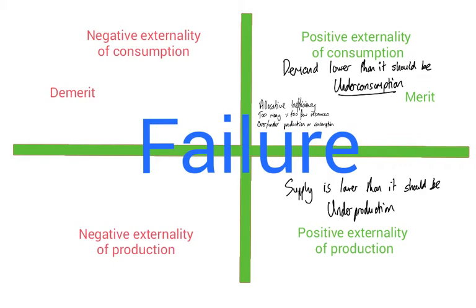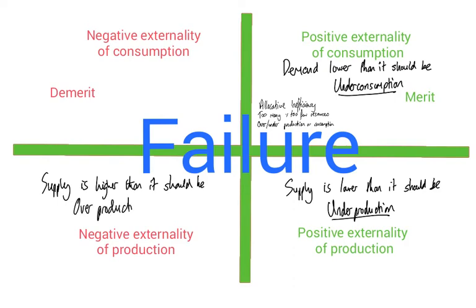And again, market failure. Bottom left, you can probably figure this out now, supply is higher than it should be, resulting in overproduction. We saw that in the example of the rare earths being produced in China.